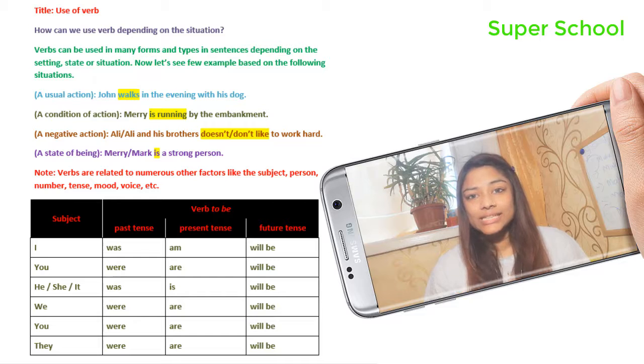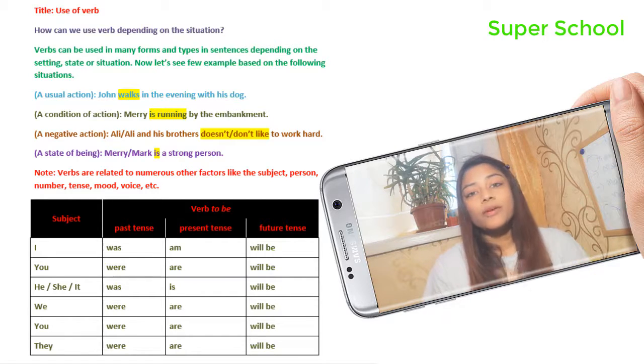So in this sentence, the highlighted part is the verb which is expressing an action which usually takes place. So the situation is a usual action, and this type of situation is expressed with simple present tense commonly.